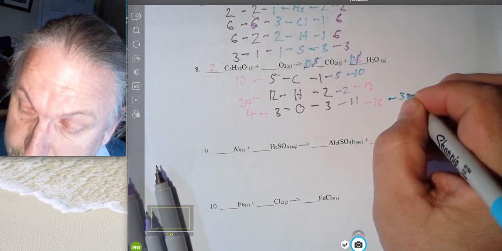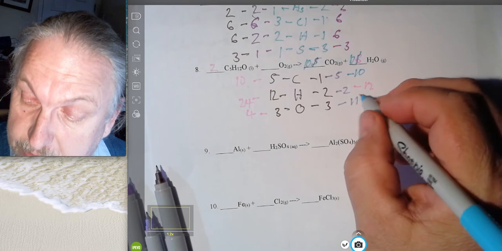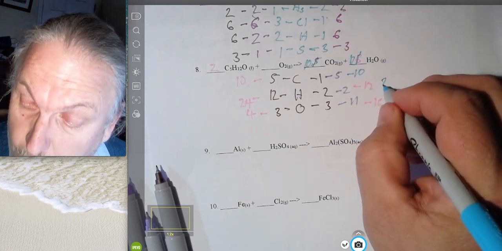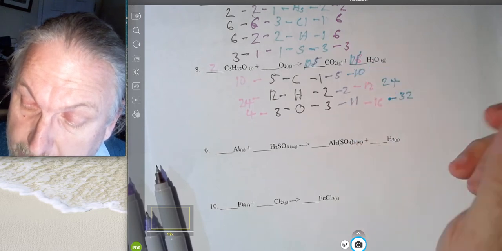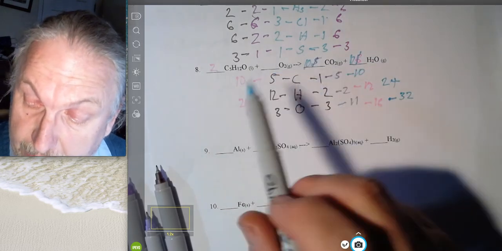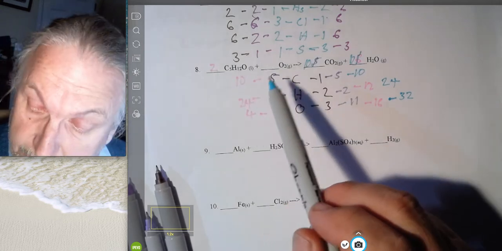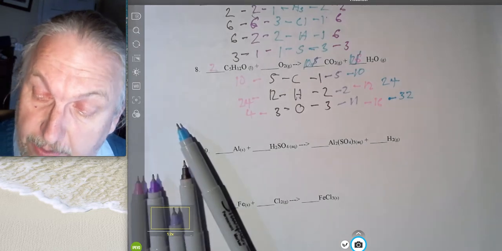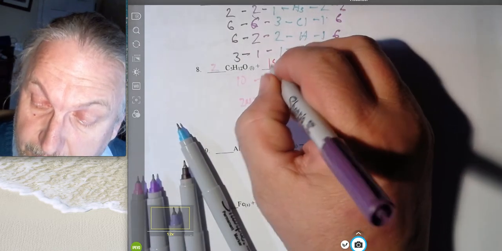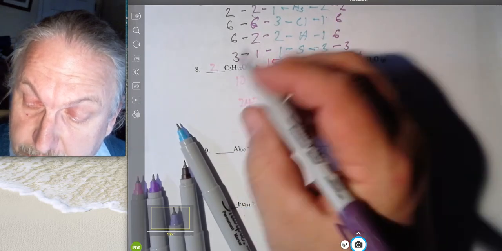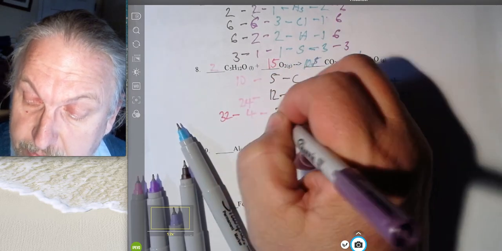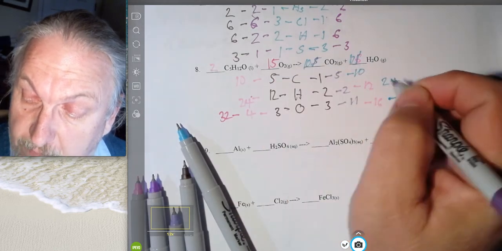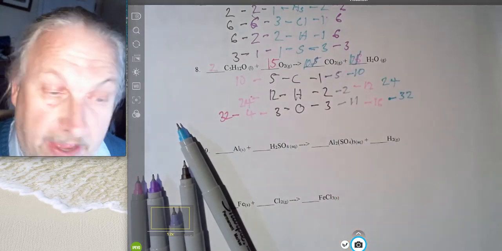And it's going to give me 24 hydrogens. So we're getting closer. Now, all I've got to do is make that to where I've got 32 on this side. If I put a 15 right there, 15 times 2 is 30. I've got 2 over there. So I've got 32 oxygens, 24 hydrogens, and 10 carbons. That one's balanced.